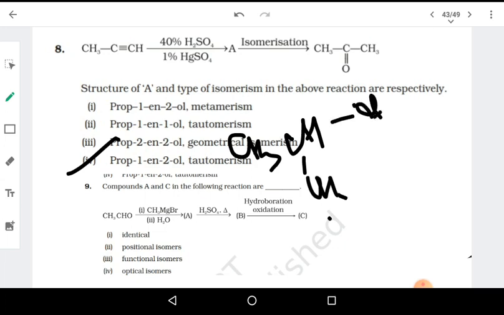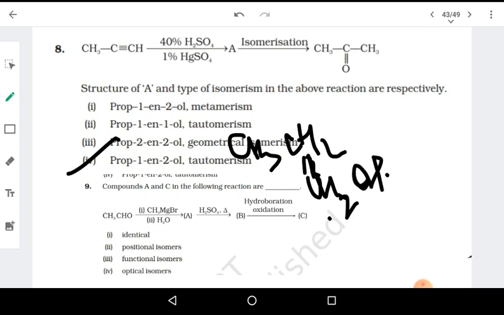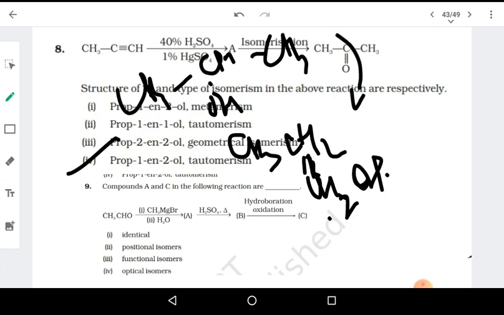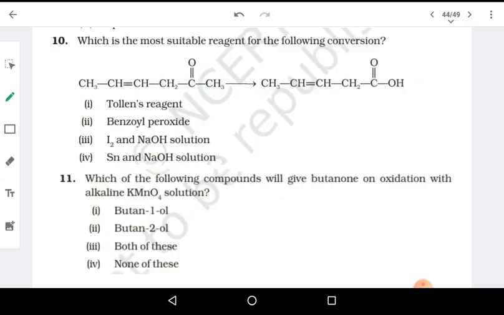This should be A. Dehydration should be carried out, so this should be B. And after that, you have to carry out hydroboration oxidation. So to this side, it will be H2 and here this bond should be broken and we will be getting OH over here, right? So A, we got it as this, and C we are getting as this. So it is positional isomerism, option number 2.